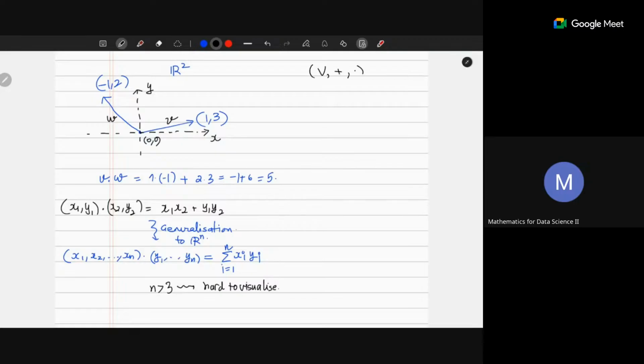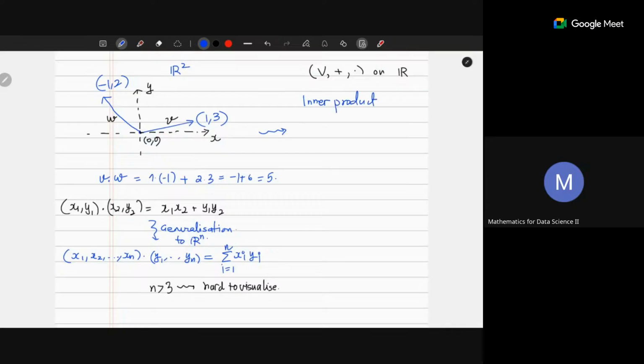Plus is the addition of two vectors, dot is the scalar multiplication, and our field is R. So the scalars are coming from the real line. We have abstracted the Euclidean planes or Euclidean spaces to a vector space over R. Similarly, if I abstract this dot product, it gives me an inner product space.